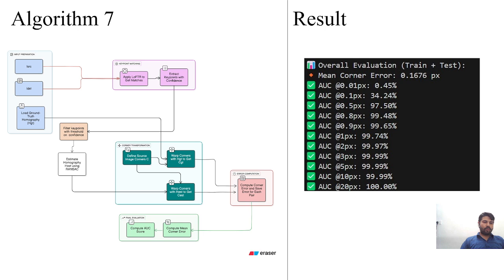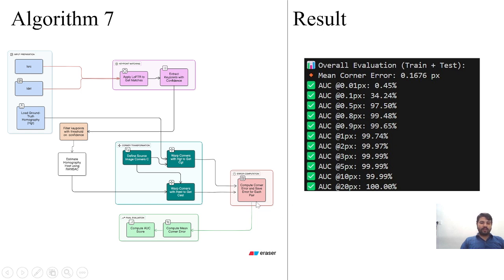Then I estimate the homography using the RANSAC algorithm. In corner transformation, I define the source image corners and warp the corners with the ground truth homography that I have initially in my dataset, and warp the corners with the estimated homography.